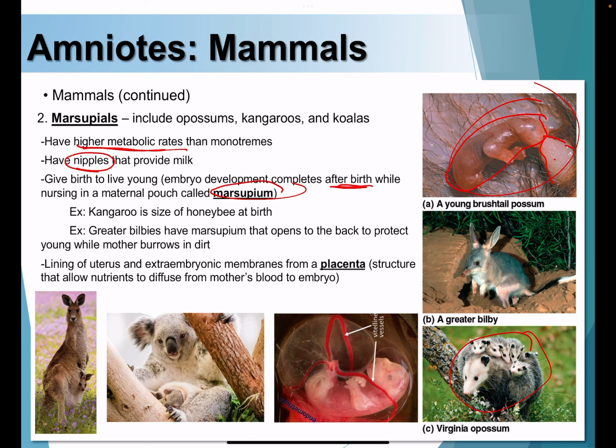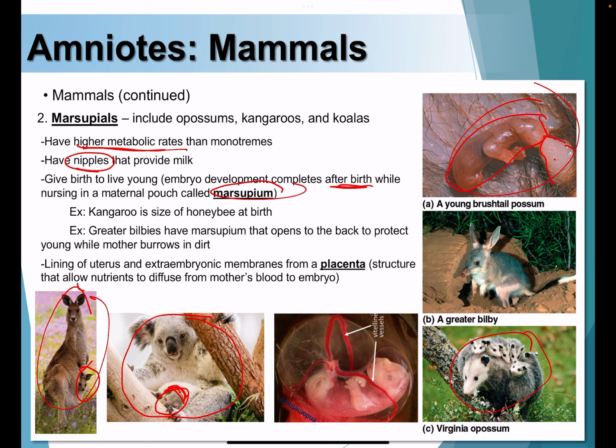If you've seen kangaroos like this with a little baby kangaroo hanging out of its pocket, or koala bears, they also reproduce and have the marsupium. It's just not as noticeable as on kangaroos, but you will see a mom koala like this, and there's a little pocket close to their legs, and there's that baby koala living inside the marsupium.